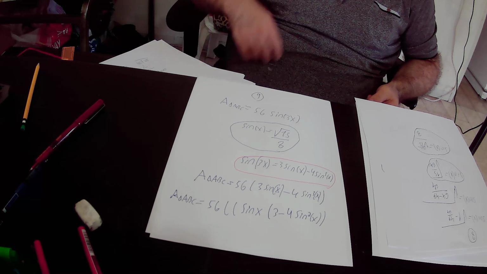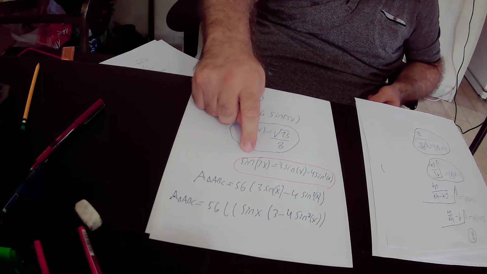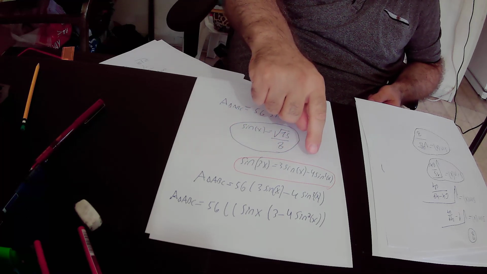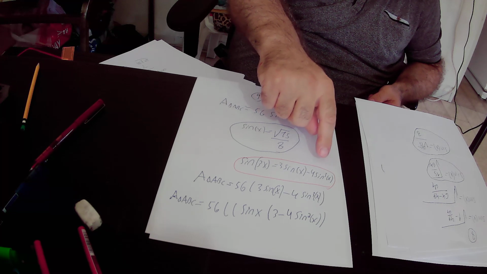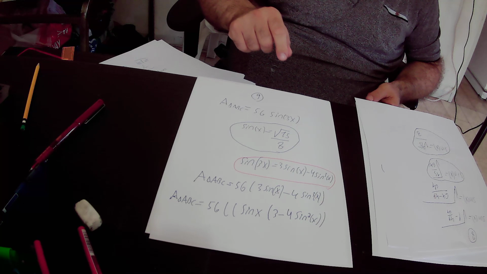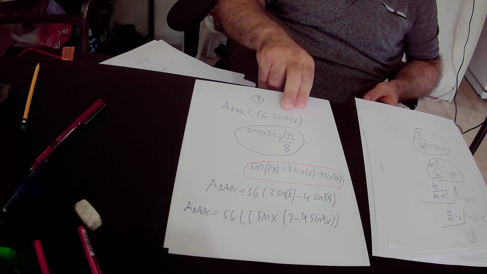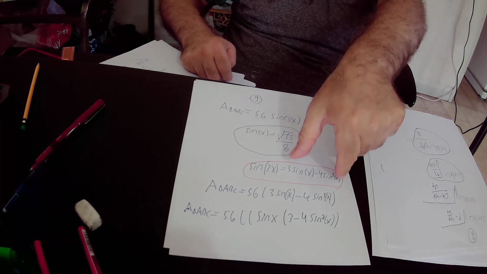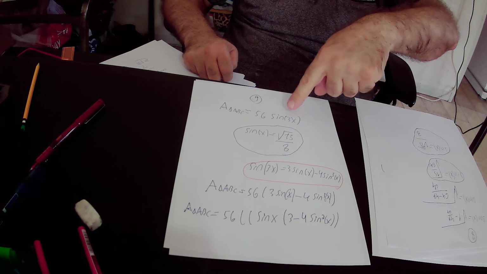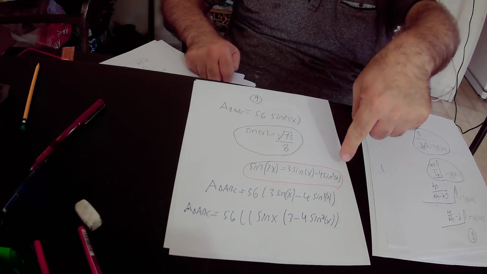So we have the third trigonometric identity: the value of sine 3x equals 3 sine x minus 4 sine cube x. So we can substitute sine 3x by 3 sine x minus 4 sine cube x, because they are equal to each other.